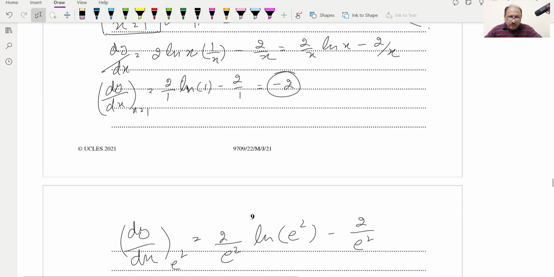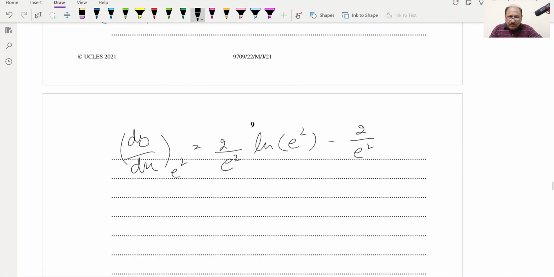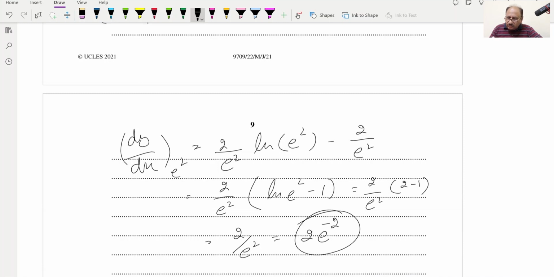Now we can simplify this, and this will be equal to 2 over e squared, and we can take this common. Inside will be log e squared minus 1, and log e squared is what? It's 2. So this will be 2 over e squared into 2 minus 1, which we can write as 2 over e squared, or we can write 2e raised to minus 2, and this will be our final answer for this question.